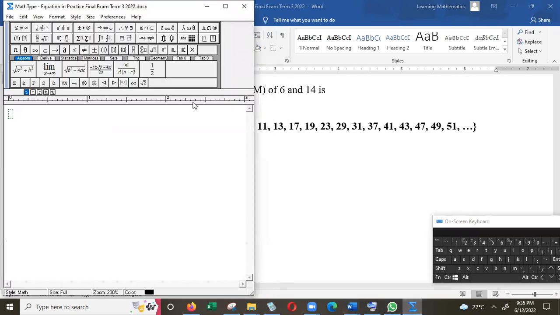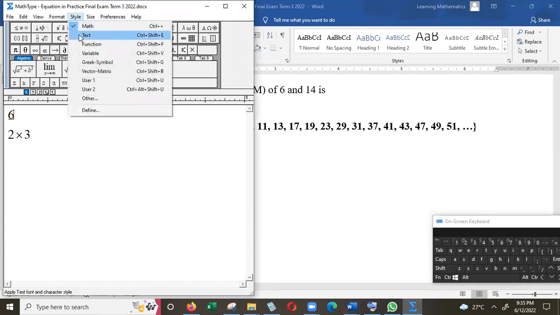So we have to break down 6 and 14 into their prime factors. 6 can be written as 2 times 3. Since both 2 and 3 are prime numbers, that's it for 6.